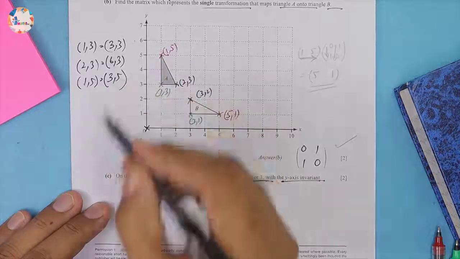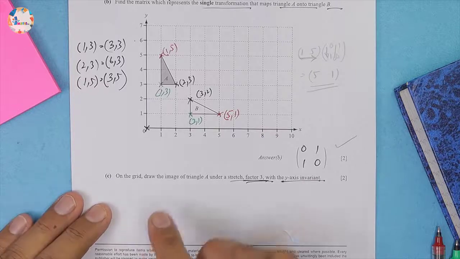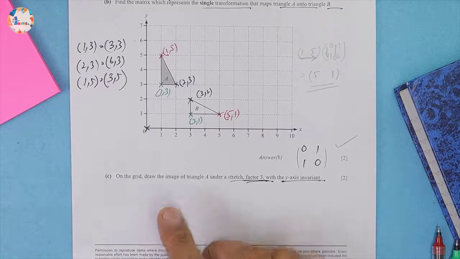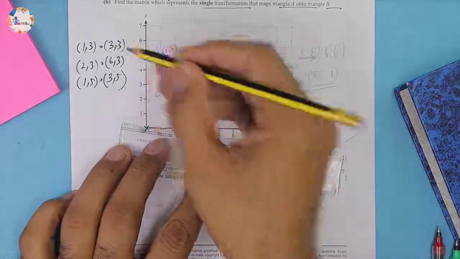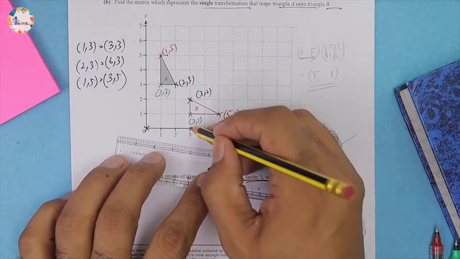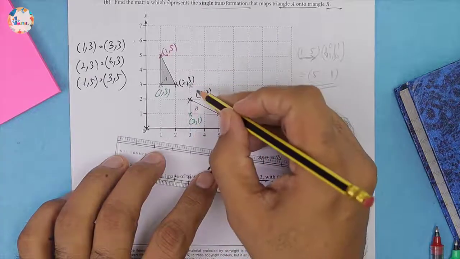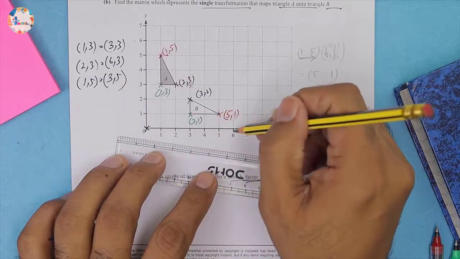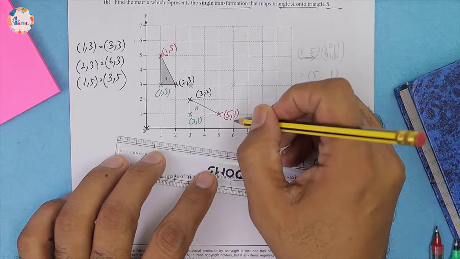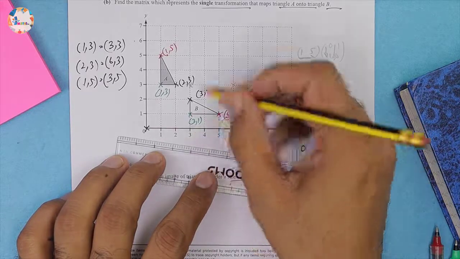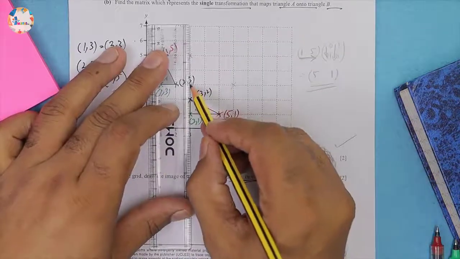So these will be the new coordinates of the triangle, and because they are saying draw the image, we will be drawing the image on the provided grid. 3 and 3 is this point, then 6 and 3 is this point, and 3 and 5 is this point. So we got this triangle over here.